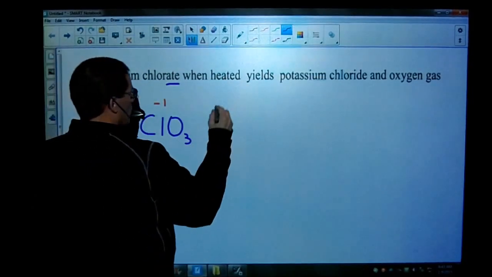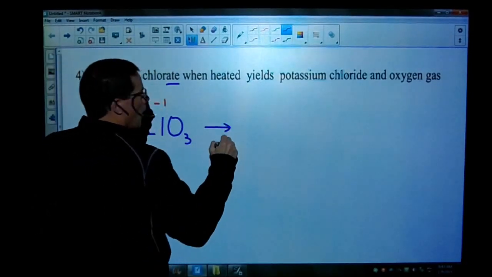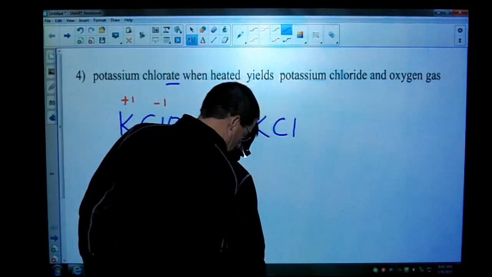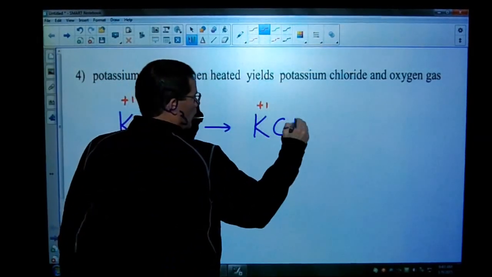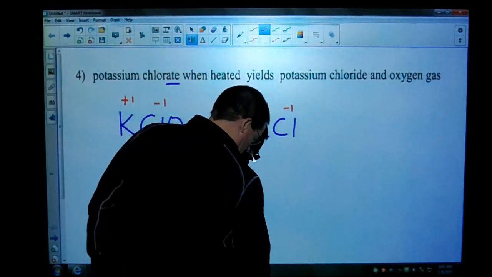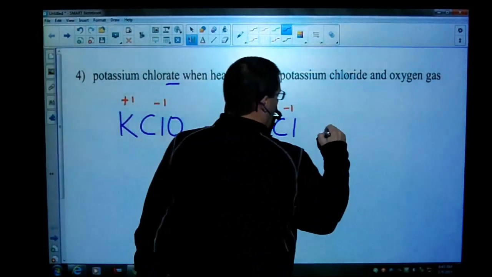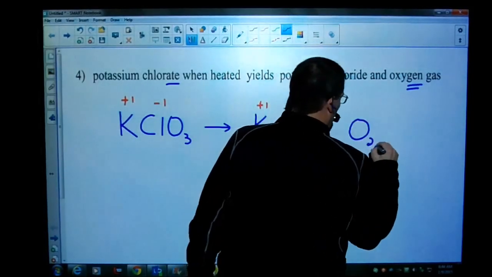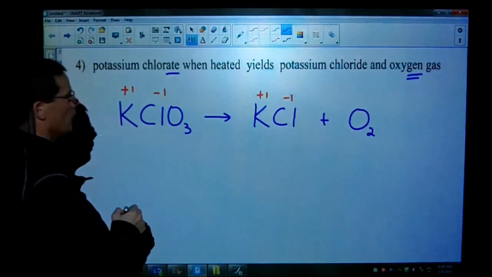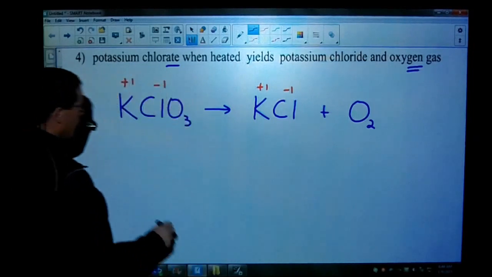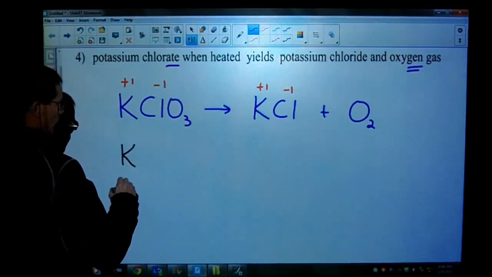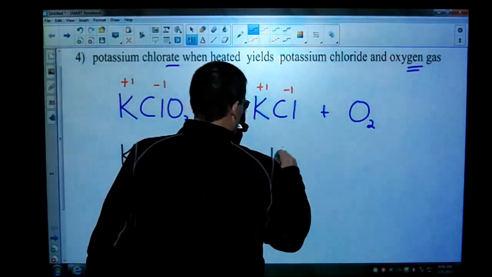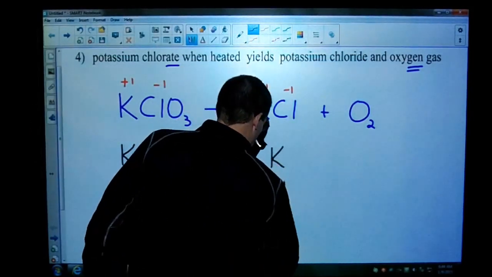When heated yields, that's an arrow, potassium chloride, so KCl, and again, potassium's +1, chloride is a -1, and oxygen gas, so O2. So again, setting up your inventory: potassium, chlorine, and oxygen, potassium, chlorine, and oxygen.